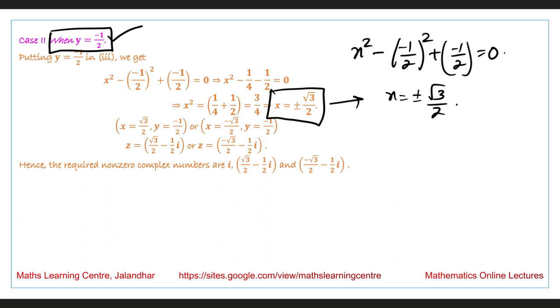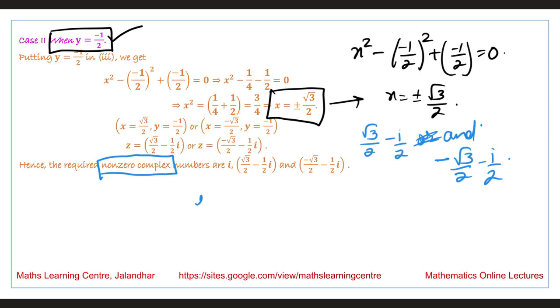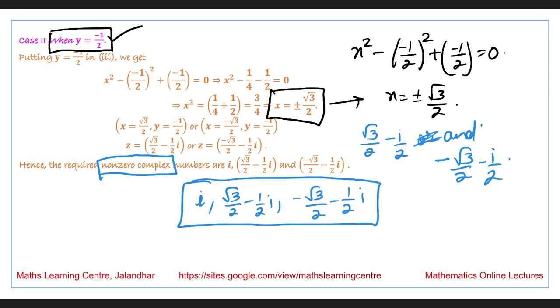So the answers we are getting over here are root 3 by 2 minus iota by 2, and minus root 3 by 2 minus iota by 2. So the required non-zero complex numbers are iota, root 3 by 2 minus 1 by 2 iota, and minus root 3 by 2 minus 1 by 2 iota. So these are the required numbers which satisfy these conditions.